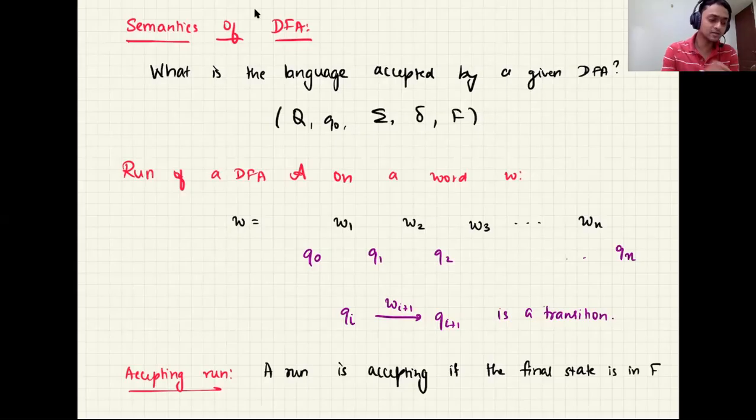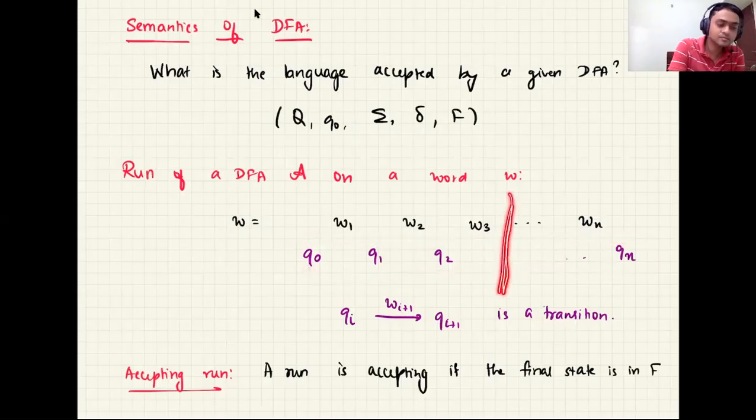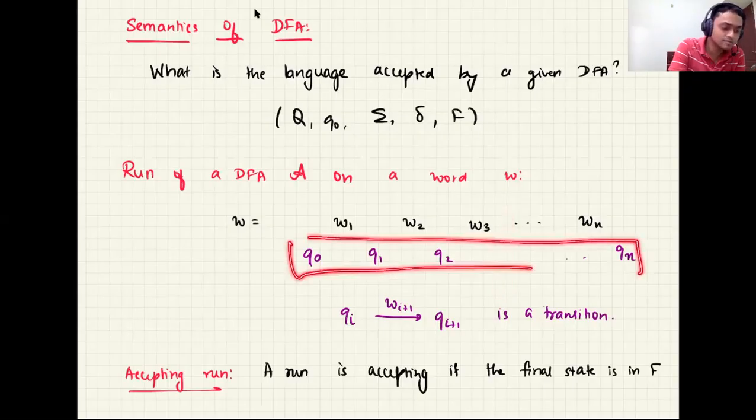A run is accepting if the final state is in F. By the way, in the definition of a run, you have to see the entire word. You cannot stop partway. A run itself has to see the entire word.